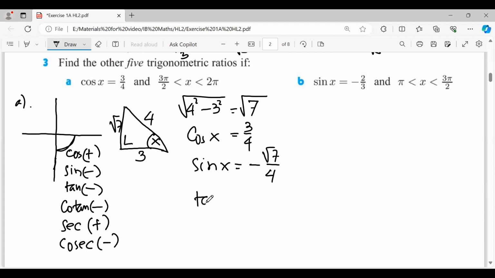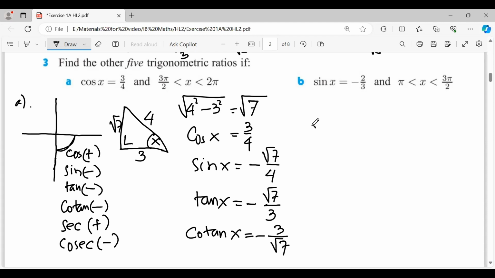And tangent x equals, tangent is negative because on quadrant 4, root 7 over 3. Okay. After tangent, cotangent. Cotangent x is the opposite of tangent, and cotangent is negative, 3 over root 7.